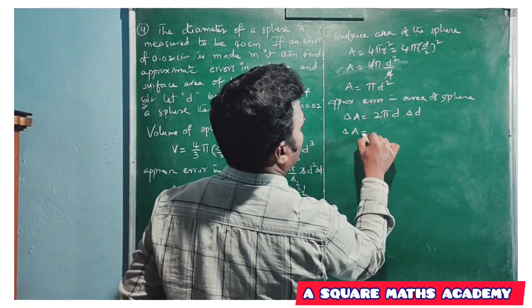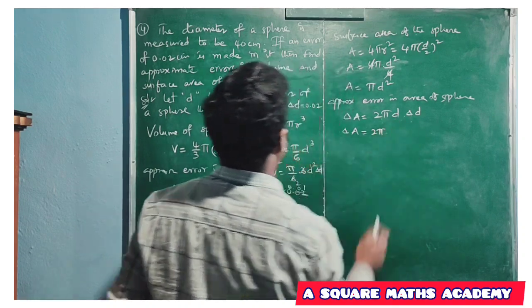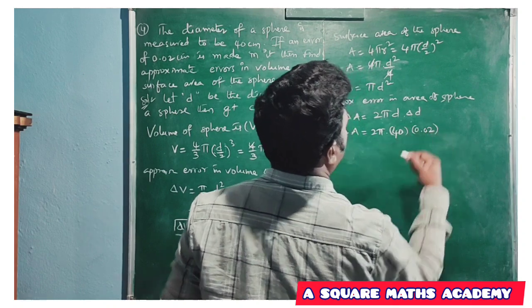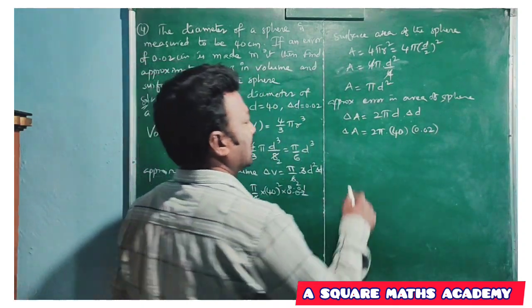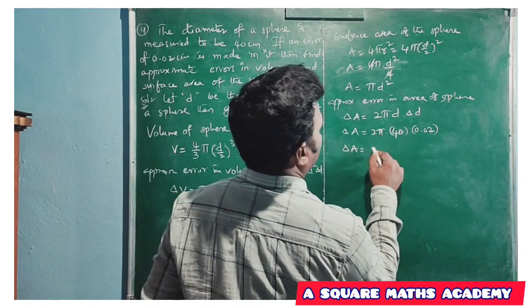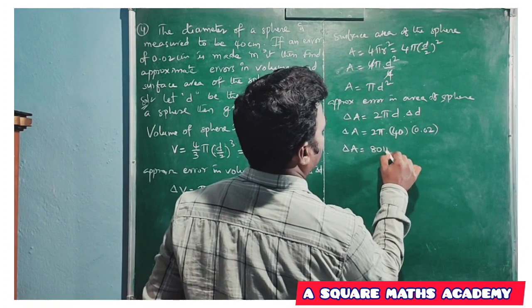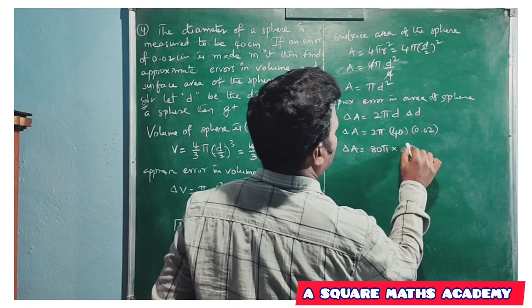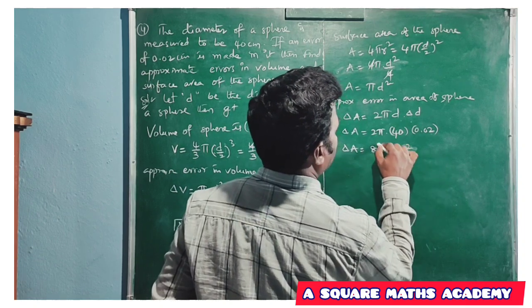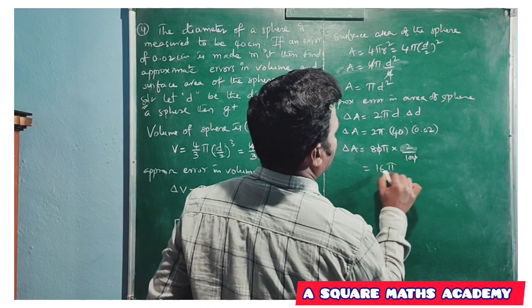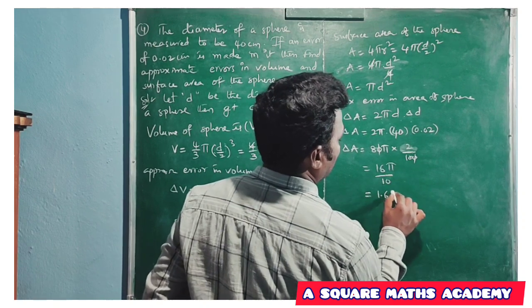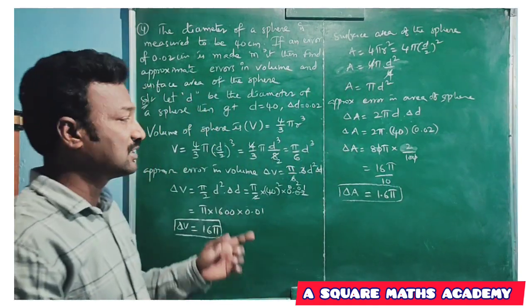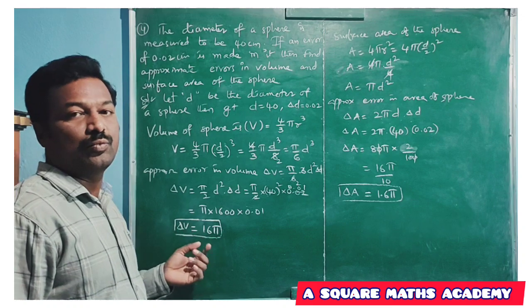So delta A equals 2 pi into the d value 40 into 0.02, that is 80 pi into 0.02, and 0.02 is 2 by 100. So the 10 cancels, 16 pi by 10, that is 1.6 pi. This is the approximate error in the area of a sphere.